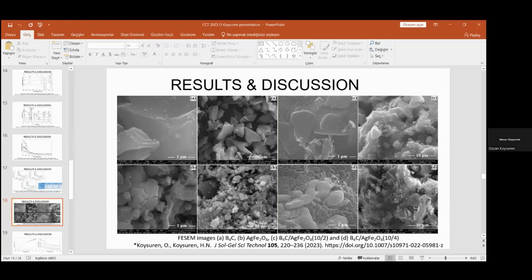When we look at C and D, these belong to composite structures, including different amounts of silver ferrite and boron carbide. There is a homogeneous distribution of particles within each other. This is also important since a stable contact between silver ferrite and boron carbide is really important to separate the charge carriers between the valence band and the conduction band.